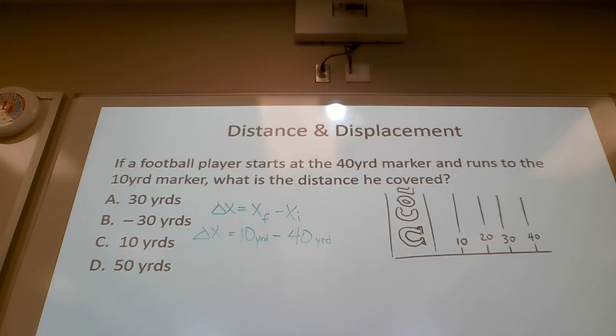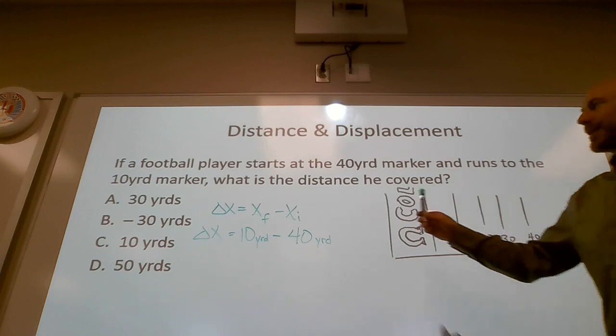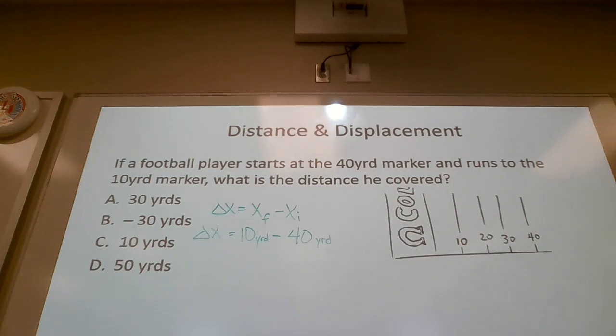All right, so same scenario, but this is what is the distance rather than displacement. Tell your neighbor.